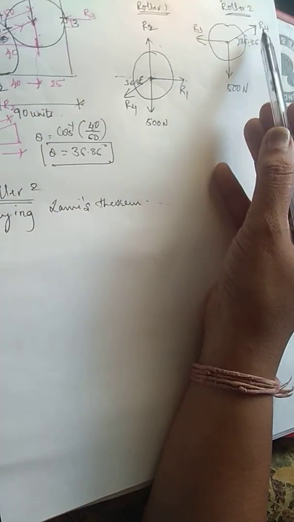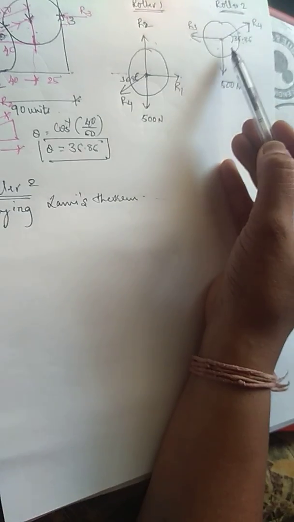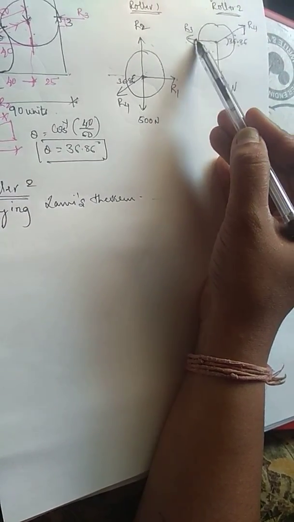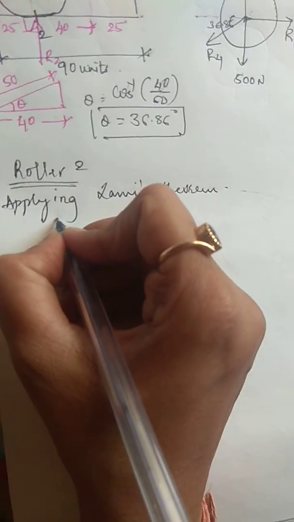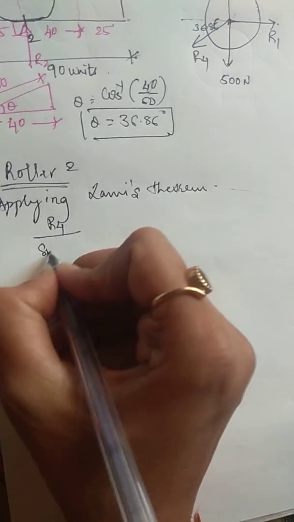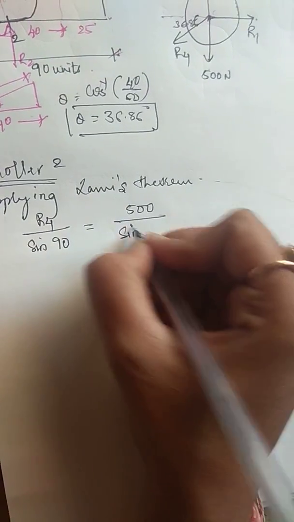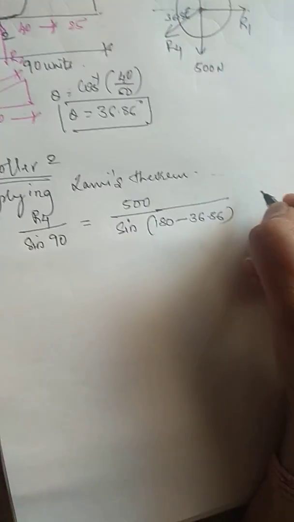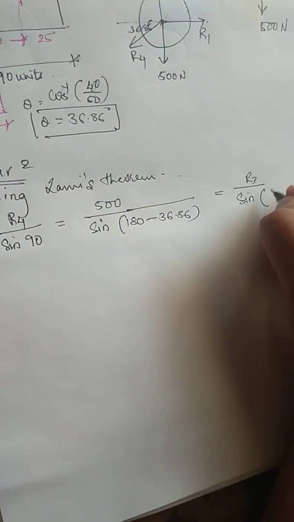So R4 divided by sine of 90, R3 divided by sine of 90 plus 36, and 500 divided by this angle, that is sine of 180 minus 36. So just make a note of it. That is R4 divided by sine of 90 degrees equal to 500 divided by sine of 180 minus 36.86, equal to R3 divided by sine of 90 plus 36.86.